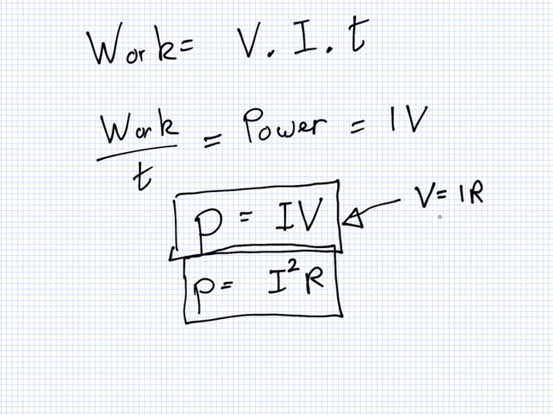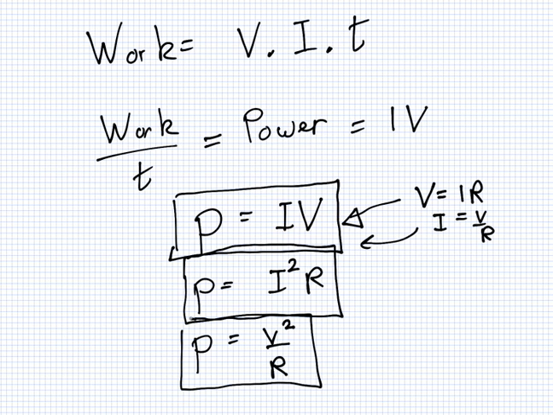Or you could say I equals V over R. And if you put that in, you would get power equals V squared over R. So what you have there is 3 different formulas for power, depending on if you know the current, voltage, or resistance. You can choose the right one.